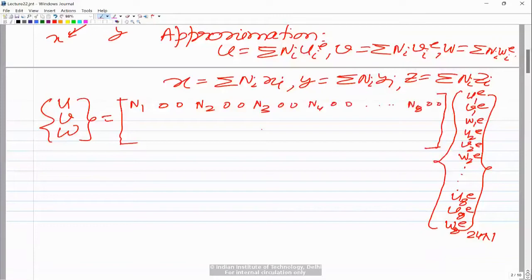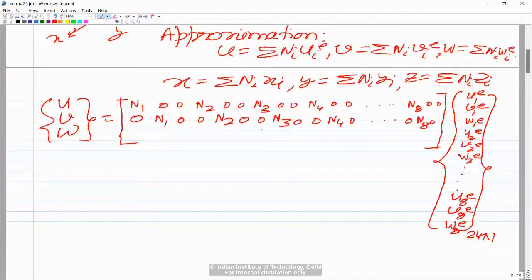So these are the interpolations for U, and then we will have the same interpolation for V. So V will have 0, and then N1 0, because it has to go with V, then 0 N2 0, 0 N3 0, 0 N4 0, and finally 0 N8 0.